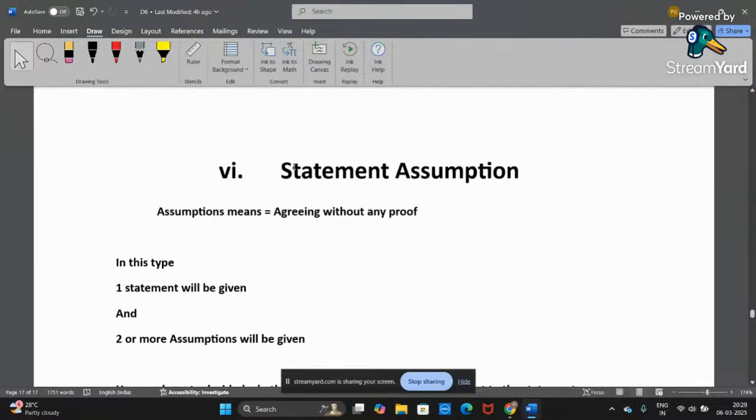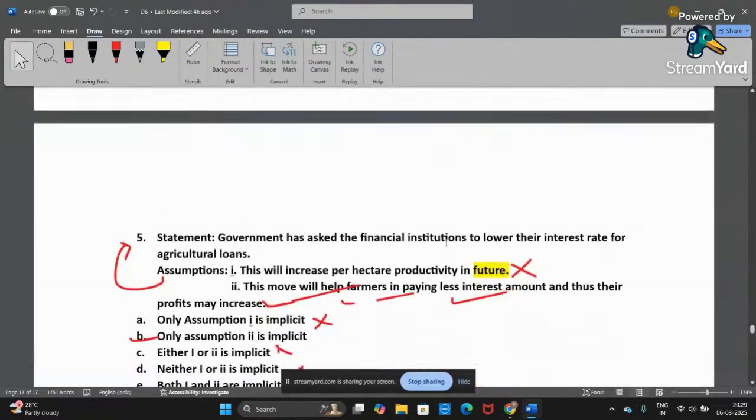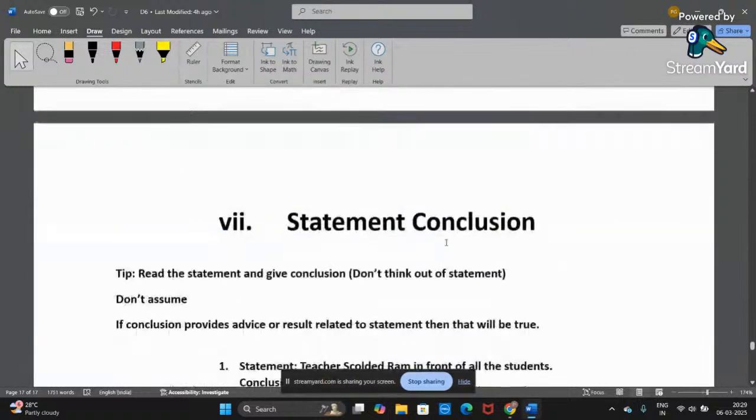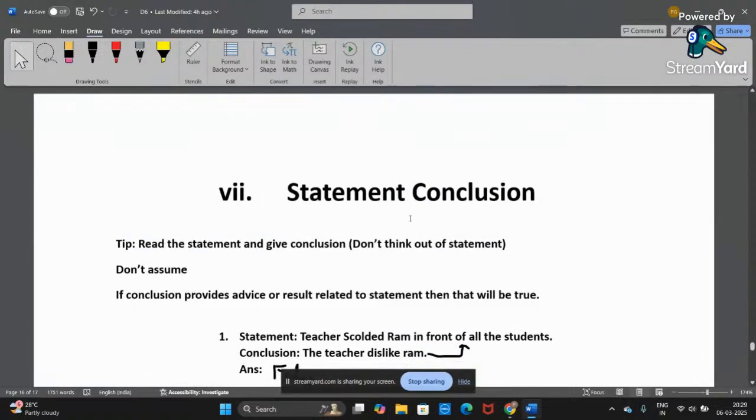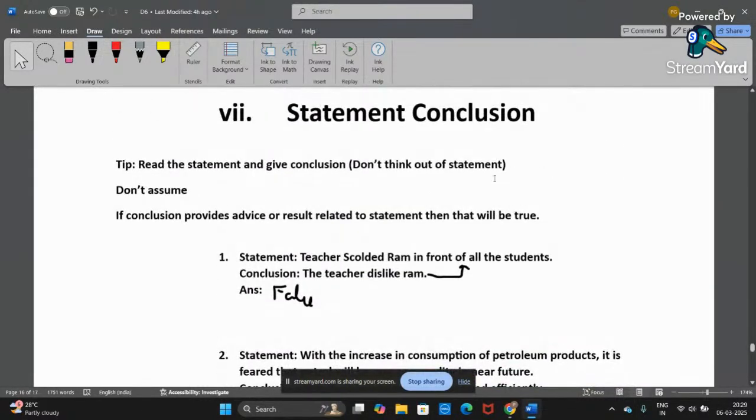Then we completed statement assumption, and finally we completed the statement conclusion also. Today we have completed totally 7 topics.